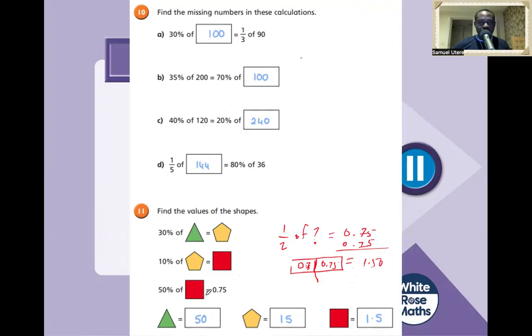Now, if that is 1.5, you can put 1.5 there. And then you can start working this out to say, okay, 10% of something you don't know is 1.5. So you use the same idea to work your way up all the way till you get the other result. And you can see here how we got that 1.5.